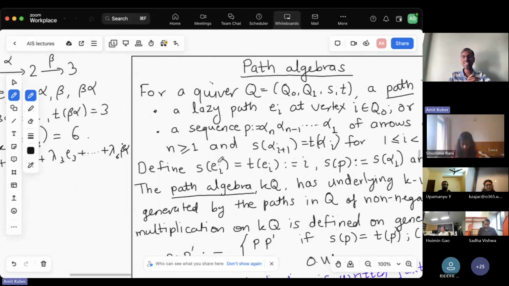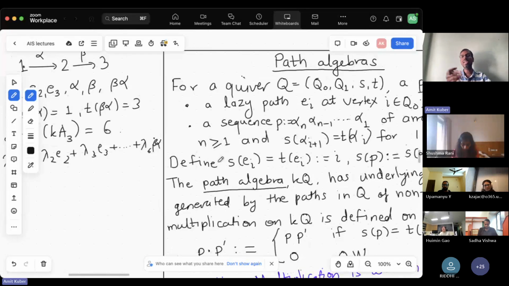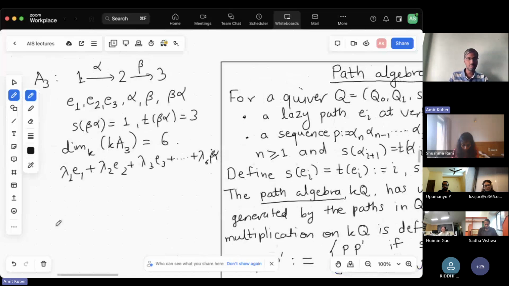However, it's not necessary that there will be only finitely many paths. So for example, consider this quiver, namely the loop quiver L1, with one vertex and one loop. If this is my alpha, then can you please tell me what paths there are? This is my vertex 1.